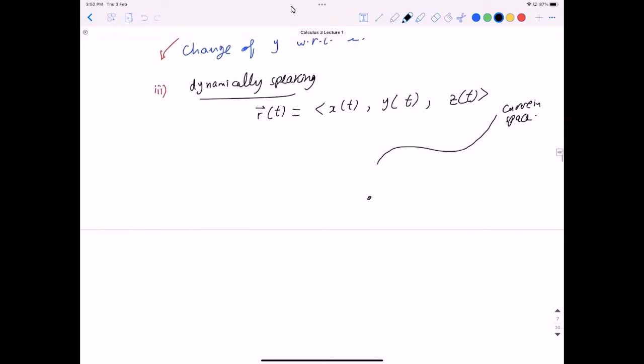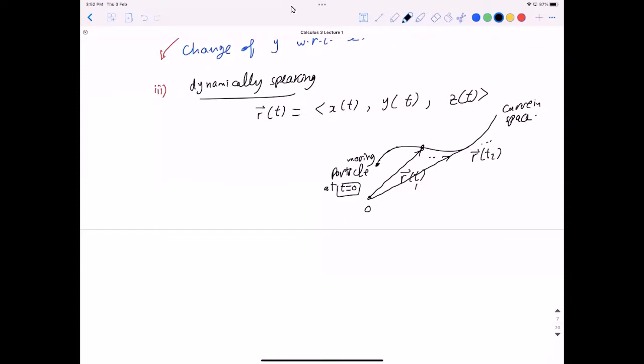This is the origin, O, and this is the position vector of the moving particle. At time 0, it begins from here and moves in this direction. This is R at time t. This is R at another time, T1, and T2 and so on.